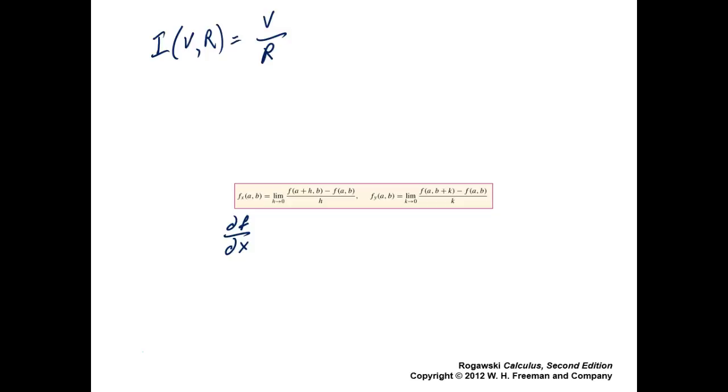Not the derivative, but the partial derivative of f with respect to x. That's the same as f sub x, okay? And the partial of f with respect to y would be the partial of f with respect to y, okay? Now, if you're evaluating it at a place, then you could put the point here, a, b, and then this could be written as f sub x evaluated at a, b.